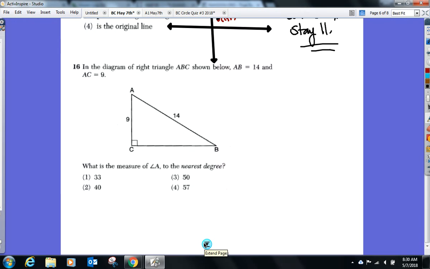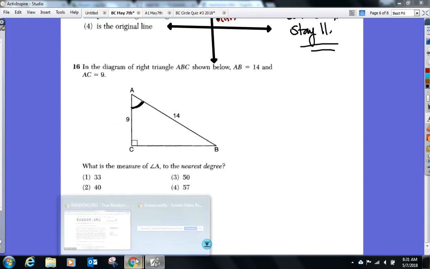Let's see if you think this one's pretty easy. Find the measure of angle A. You are in a right triangle, so you have a lot of options right now.